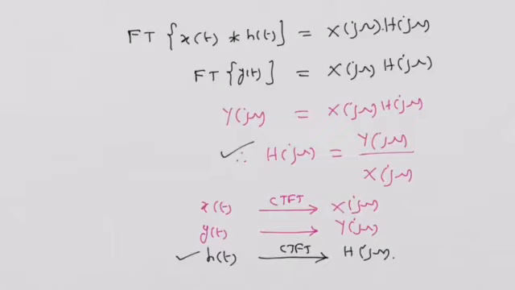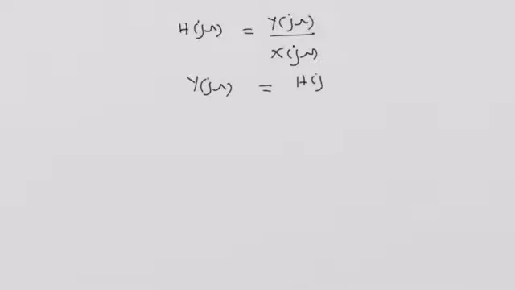So if you use the relationship H of j omega is equal to Y of j omega by X of j omega, the response in the frequency domain can be calculated using the product of H of j omega and X of j omega.